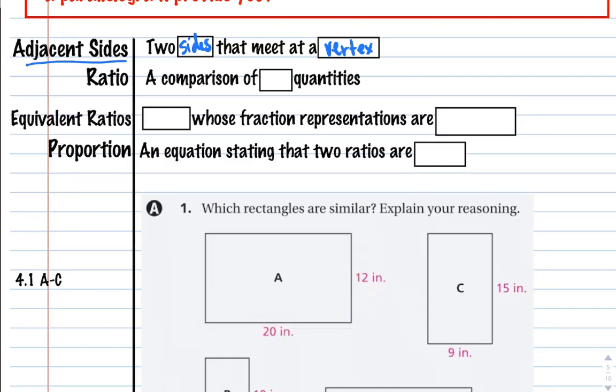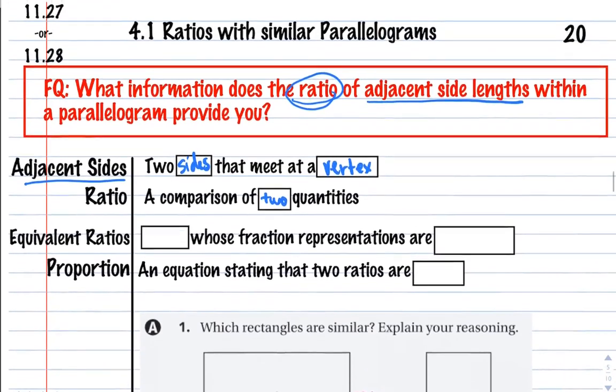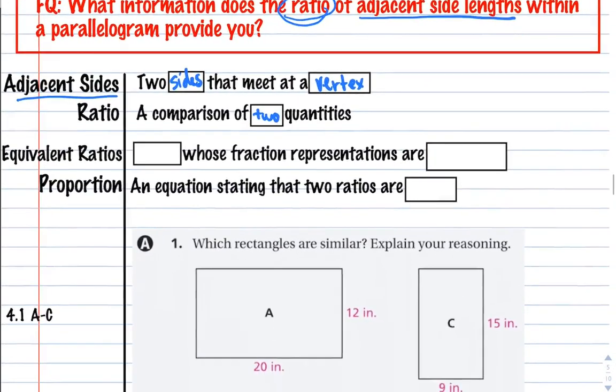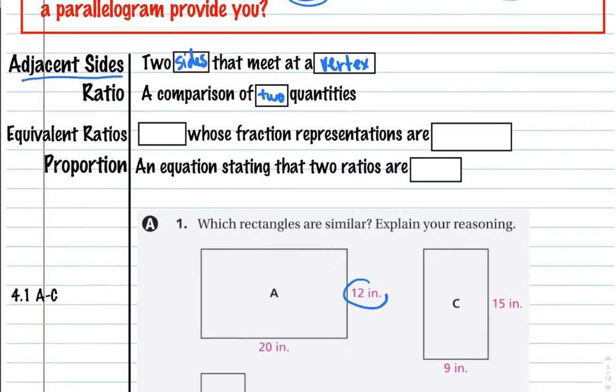That's what adjacent sides are. A ratio is a comparison of two quantities, only two quantities, not any more, not any less. Since I'm talking about adjacent side lengths and ratios, we're probably going to make a ratio of these two numbers because they're next to each other. That's what our title is telling us.